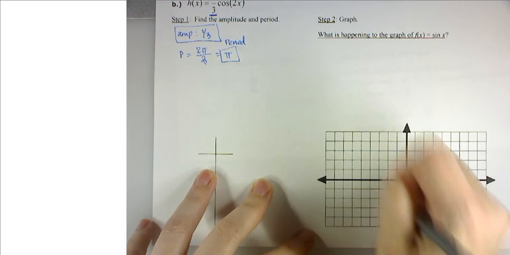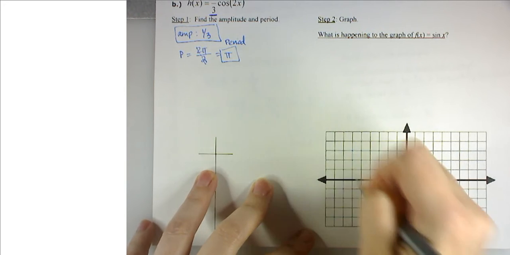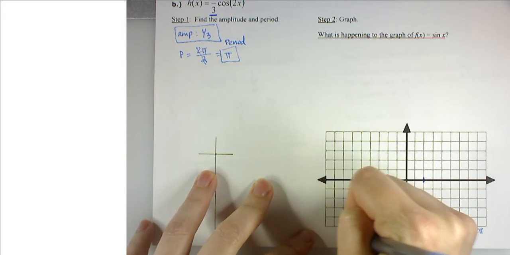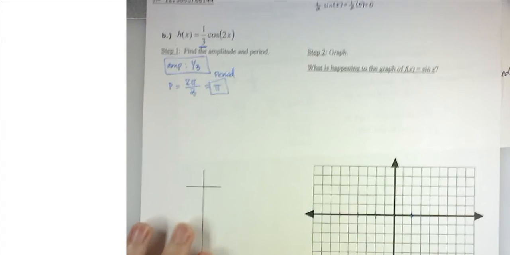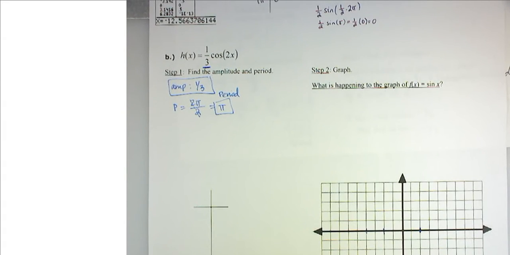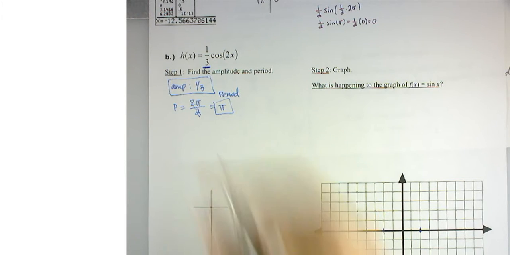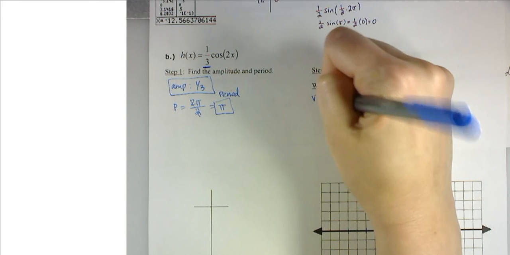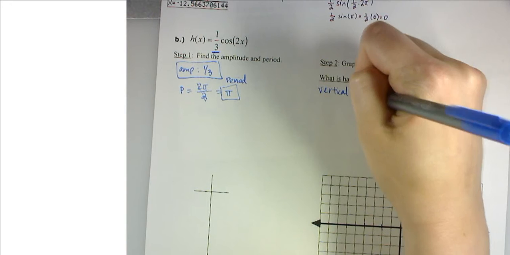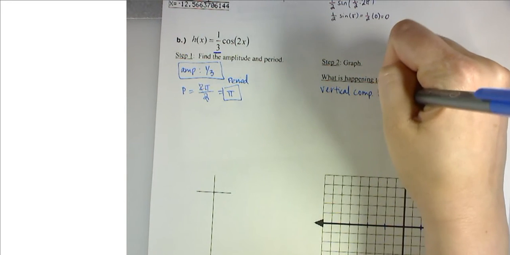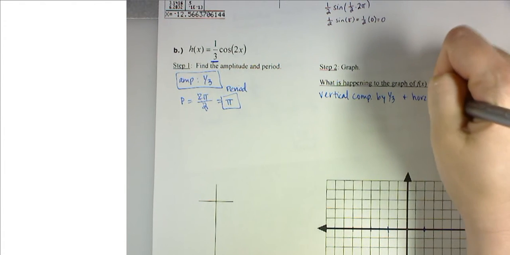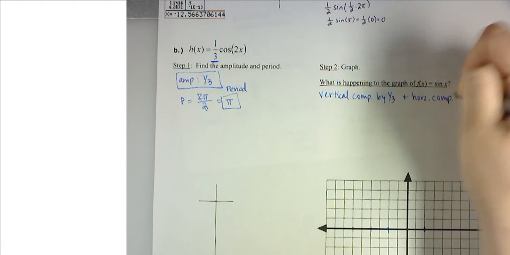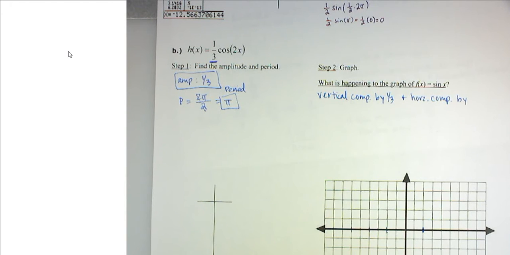All right, and then what is happening to the graph here? So we have a vertical compression by 1/3, and then the horizontal compression by 1/2. Because remember, we are doing the reciprocal.